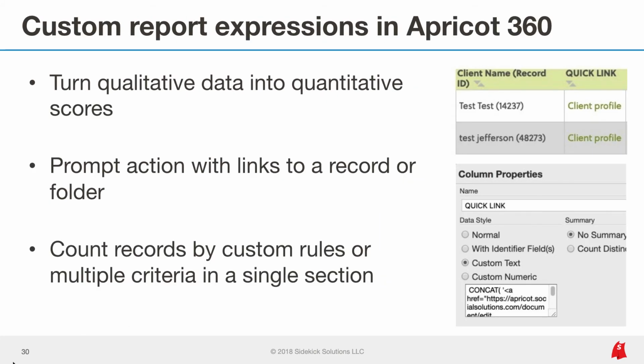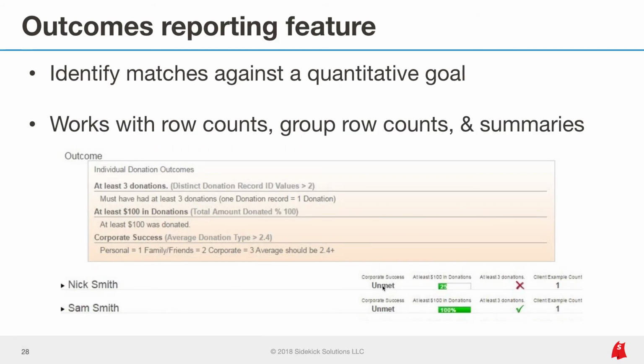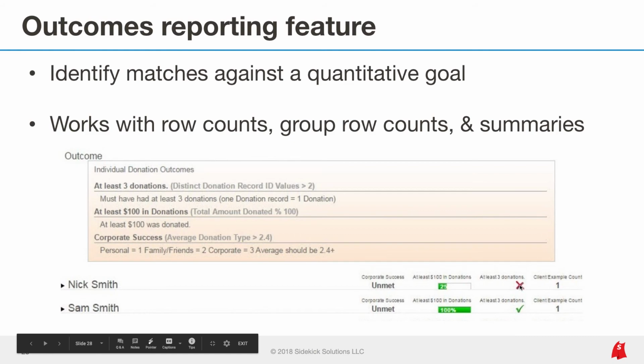Whoops, I went to the wrong page. Let's hop back here. So you'll see here for Nick Smith, corporate success is unmet. So this shows unmet if his grouping here didn't meet that benchmark, or met if it did. We can also add a progress bar, a check box, an X mark or a check mark.